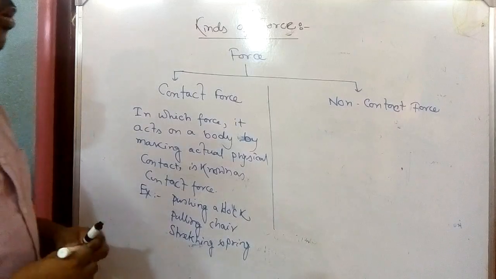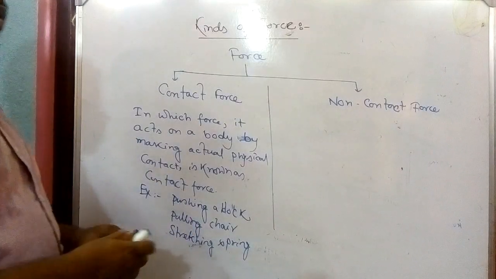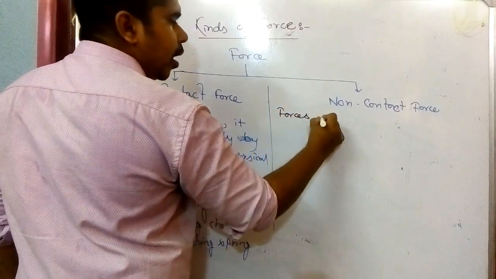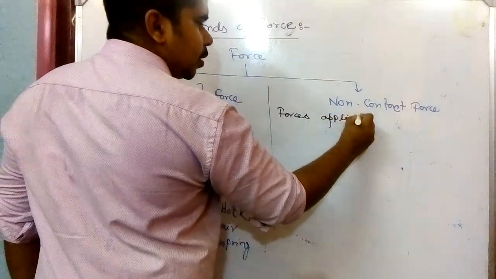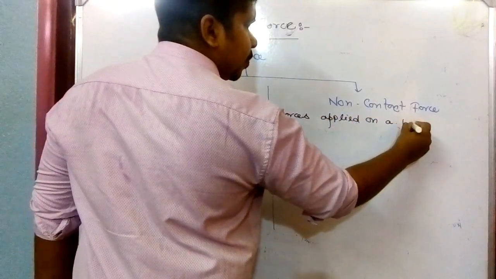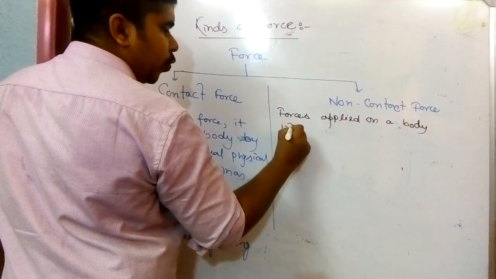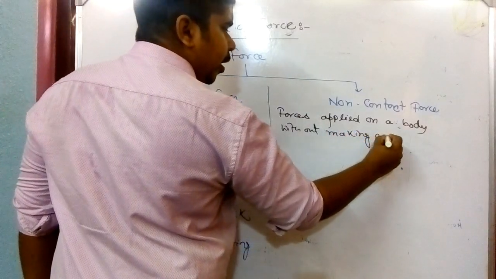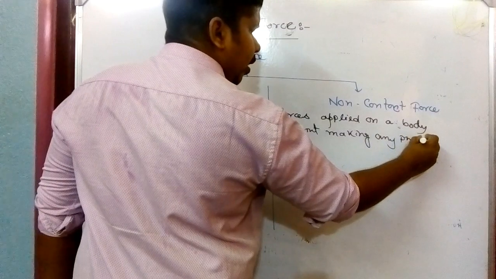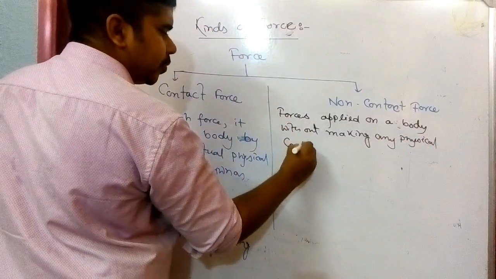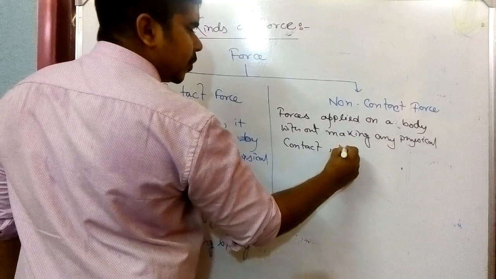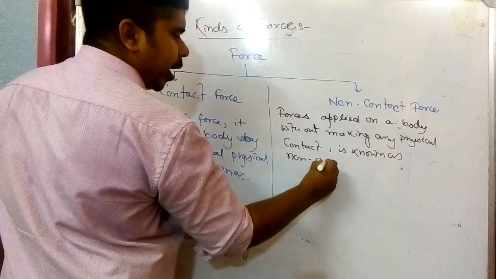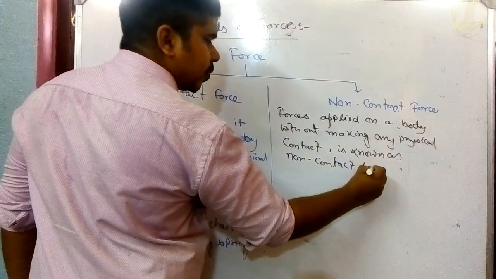Now we'll go for the non-contact force. Definitely it will be exactly opposite to it. What is that? Force applied on a body without making any physical contact is known as non-contact force.